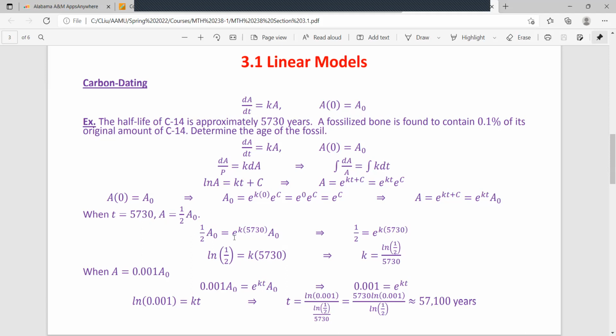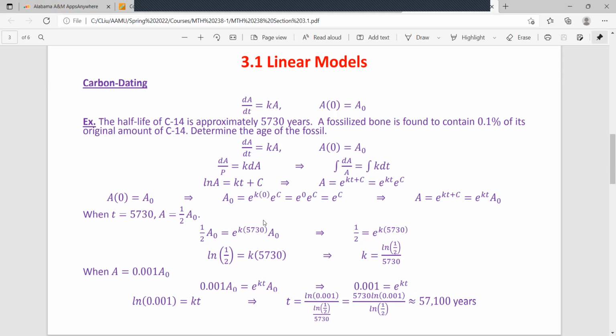So we get half A0 equals e to the k times 5,730 times A0, and you just solve for k in the same way as we did. Cancel A0 on both sides. So we get 1/2 equals e to the k times 5,730. So take the natural log on both sides. We get natural log of 1/2 equals k times 5,730. So k is just natural log of 1/2 over 5,730. Okay.